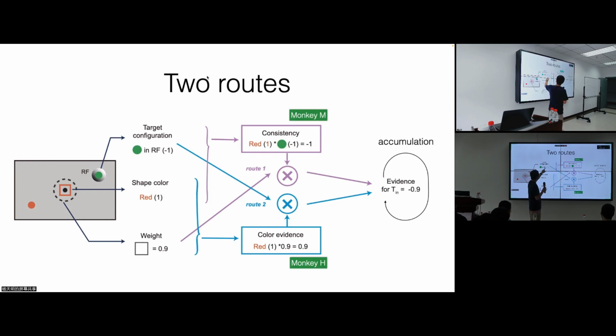Yeah, but in both ways, the first monkey is going through the purple route, and the second monkey is going through the blue route. And in both routes, they are not doing anything about the action initially. So this whole part is not related to action. Only the last part is related to the action, and the last part is shared by both monkeys. So I'm not sure about your question. Maybe we can discuss later. Yeah.